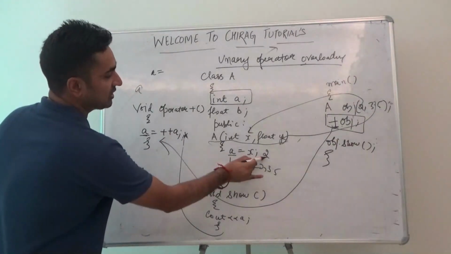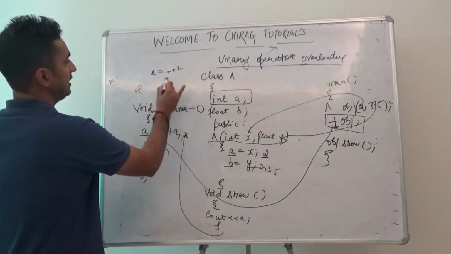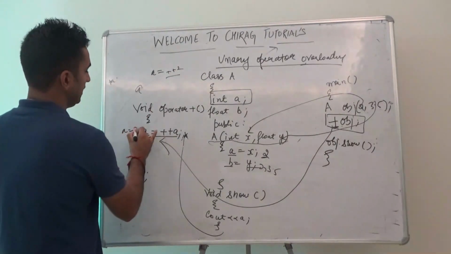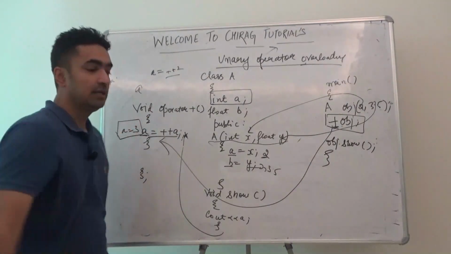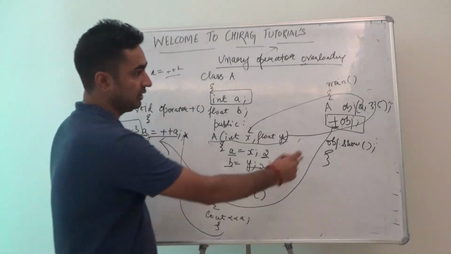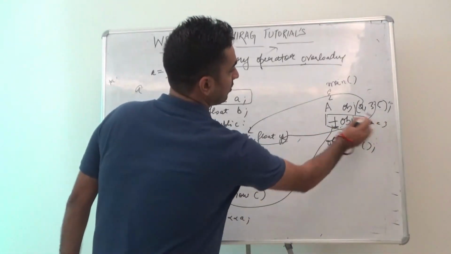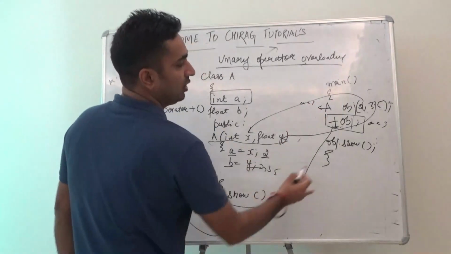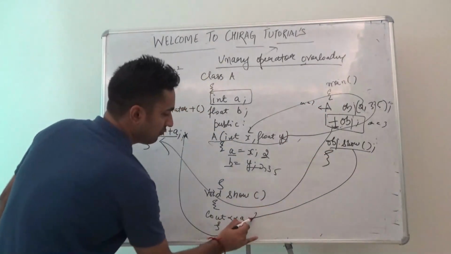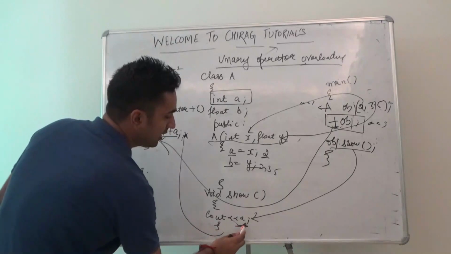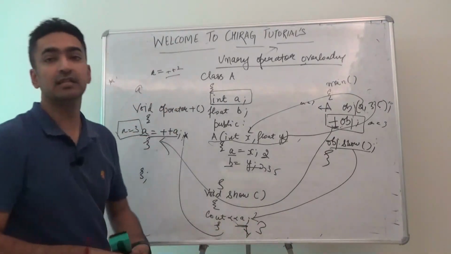You have already got a as 2, so plus plus 2 means this a becomes 3, right? Then obj dot show will come over here and display a, and you will see the value is 3.